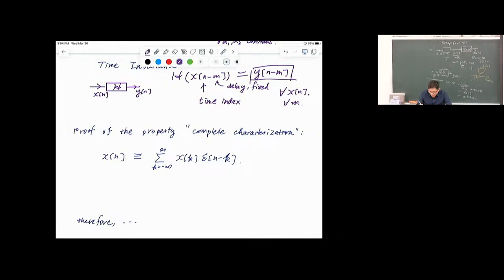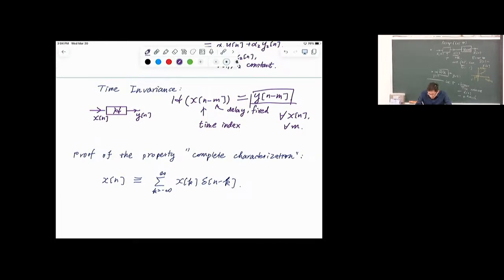So the goal now is to show that for an LTI system, y[n] equals, that's our purpose, x convolved with h in the time domain.